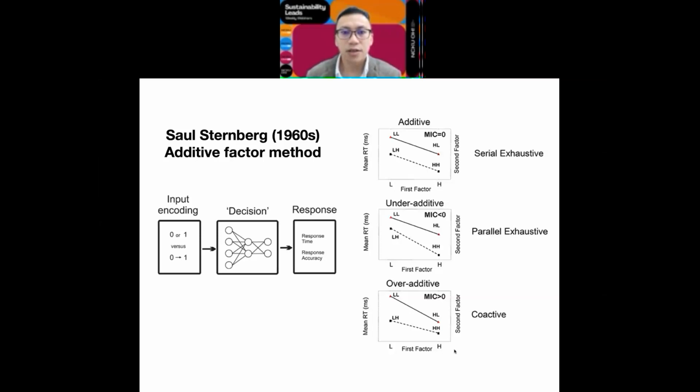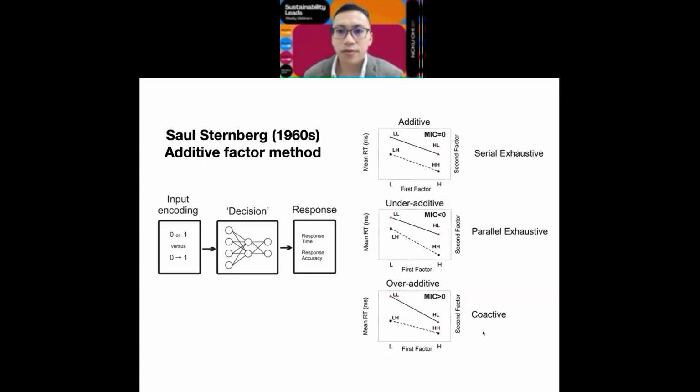Okay, so according to this methodology, we need to have a double factorial design. So we need to design two factors, and each factor has two levels, and we can record the mean reaction times for each combination. And then you can observe the interaction between the two factors to make inferences about how the two processes are organized in your brain.